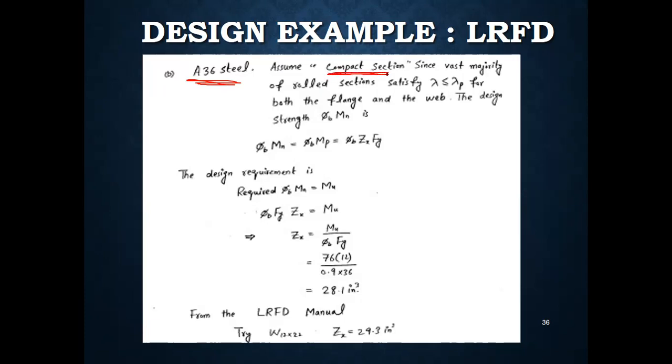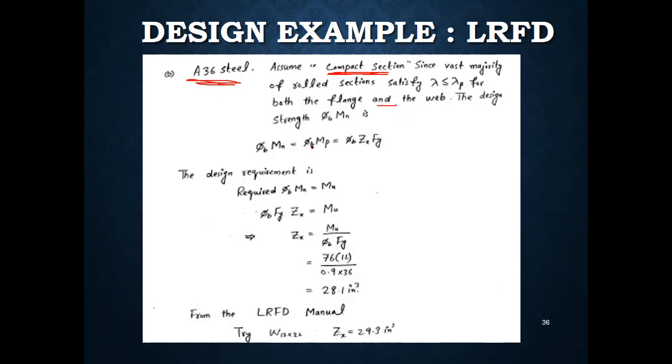We always first check whether our section is compact or not, then move towards non-compact sections, and later towards slender sections. We select the compact section because most steel sections, either cold rolled or hot rolled, satisfy the condition of compact sections for both flanges and webs.